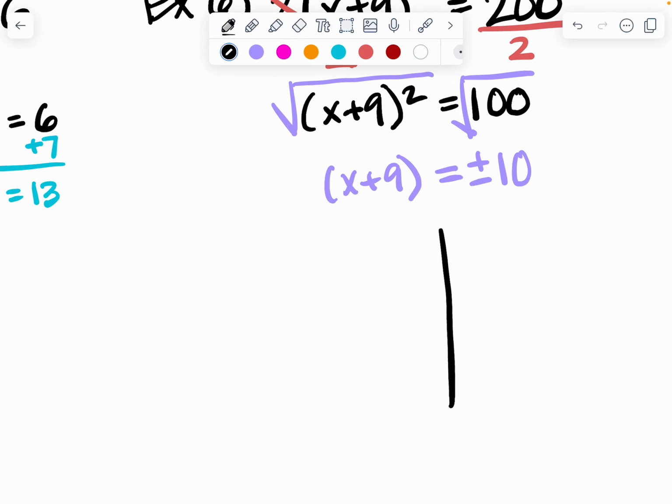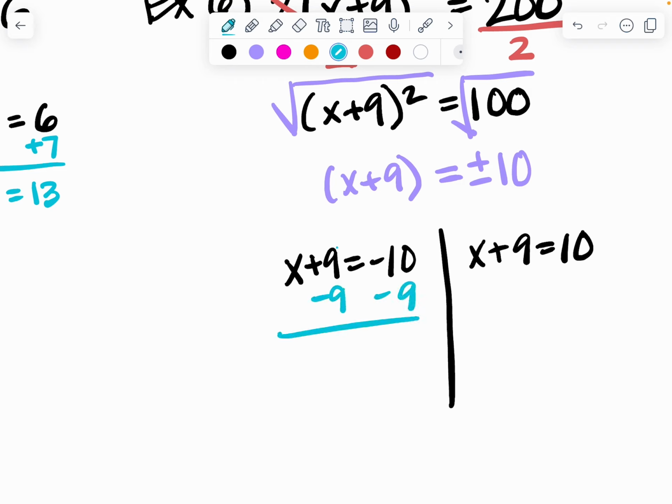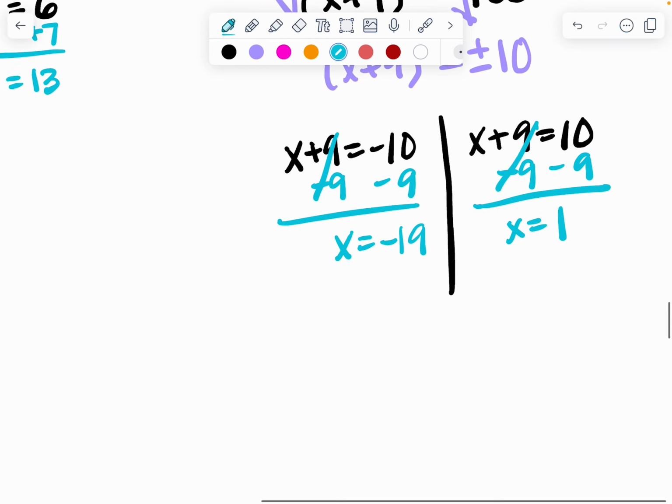So solve it two ways. X plus 9 equals negative 10. And x plus 9 equals positive 10. Subtract 9, and x equals negative 19. And subtract 9 on the other equation, and x equals 1. So my solution is negative 19, 1.